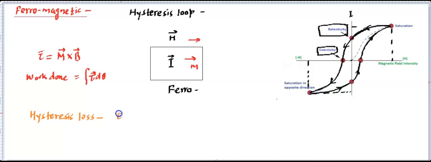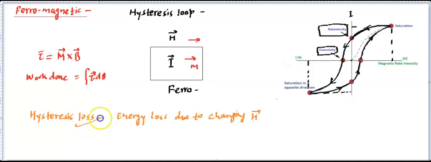So this is energy loss due to changing magnetic field or applied field. Whatever the energy loss is, that's called hysteresis loss, and that does occur in the case of ferromagnetic materials.